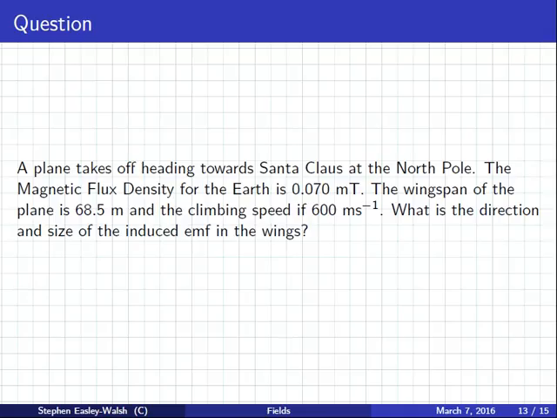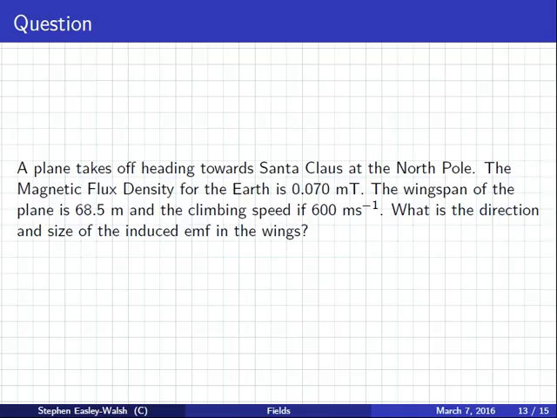Wingspan's there to help Santa. Santa and his wingman. Got it? Yep.